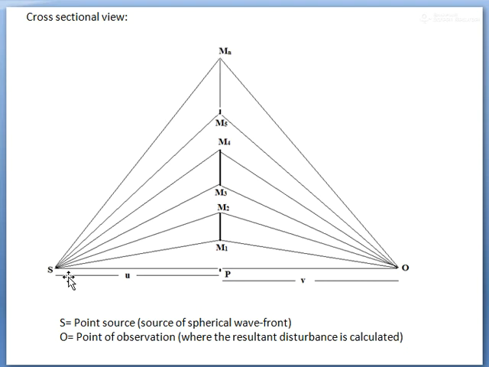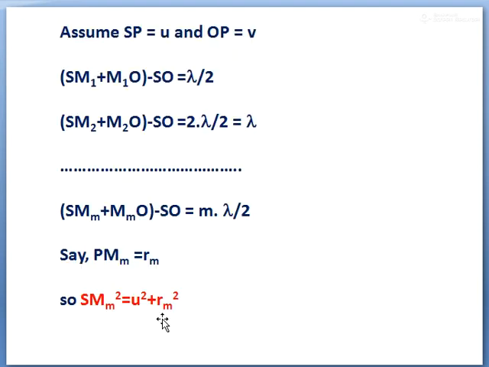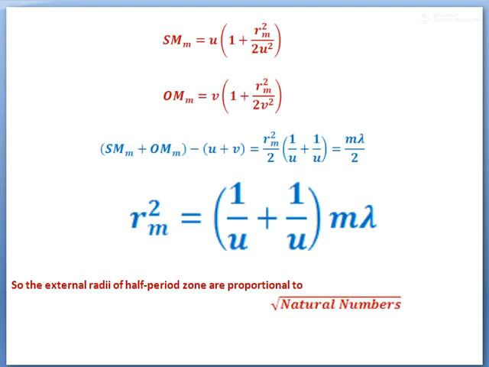So SMn square equals U square plus Rn square.